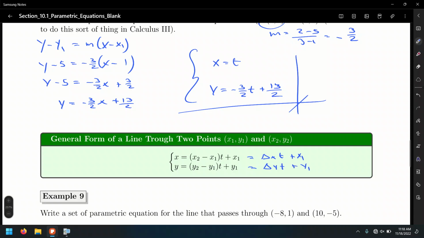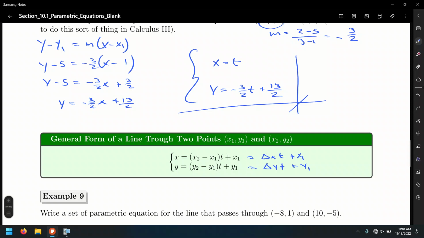That is the change in the x's times t plus the initial value of the first point, and the same in the y direction. What is that x2 minus x1? For those of you who may have seen vectors already, you're not expected to know this, but it will make a lot more sense when you get to the vector notation in Calc 3.